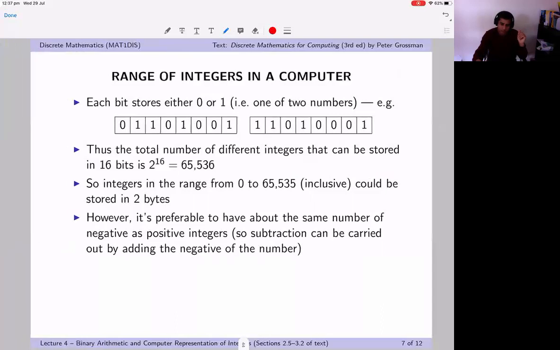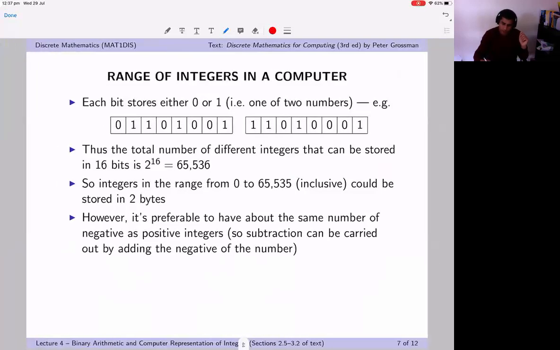So that means the integers in the range from 0 to 65,535, which makes a total of 65,536 integers, could be stored in 2 bytes.